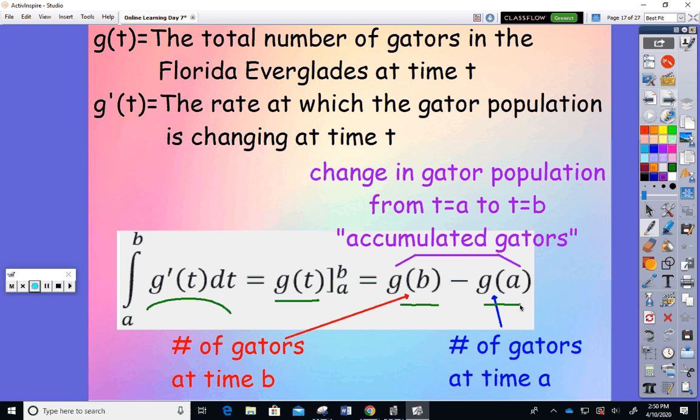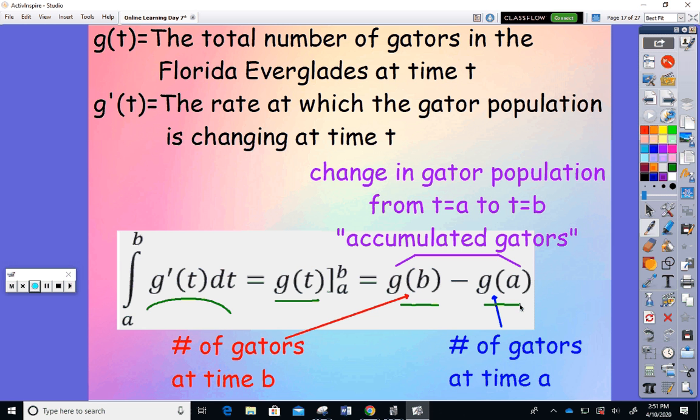So that would let me know how many gators I've added to the population or how many gators I've subtracted from the population. So it would be accumulated gators, for lack of a better way to put it. Okay? So whenever I integrate a rate of change, I get an amount of change.